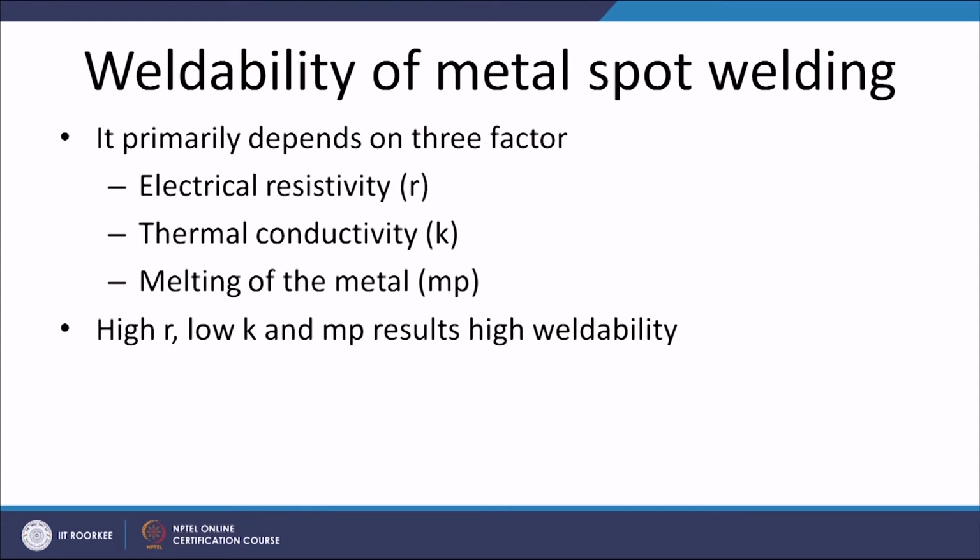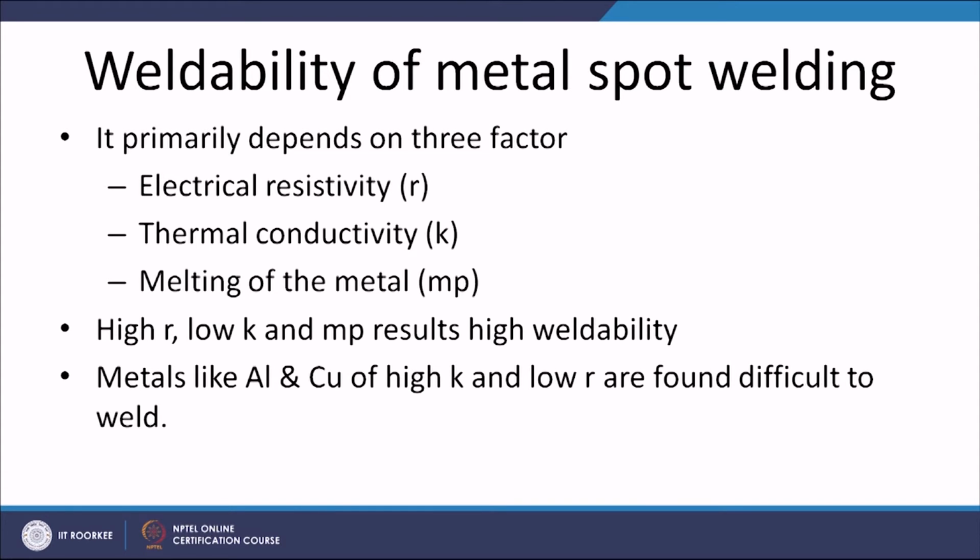And the reverse will happen when the value of K is high, the value of resistivity is low, and the melting point is high. So, aluminum and copper, which are known to have higher thermal conductivity and lower electrical resistivity, are found to be difficult.